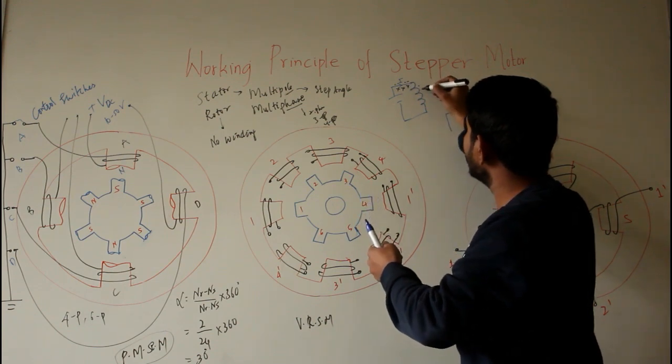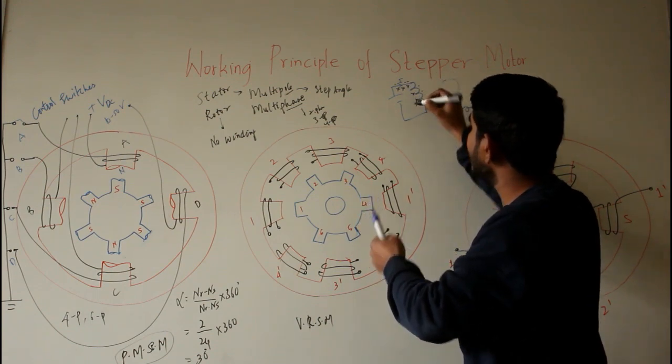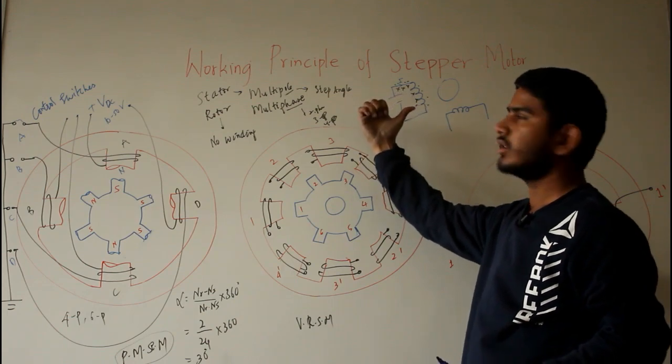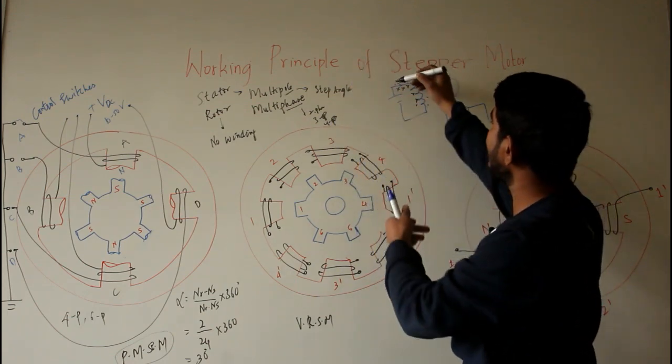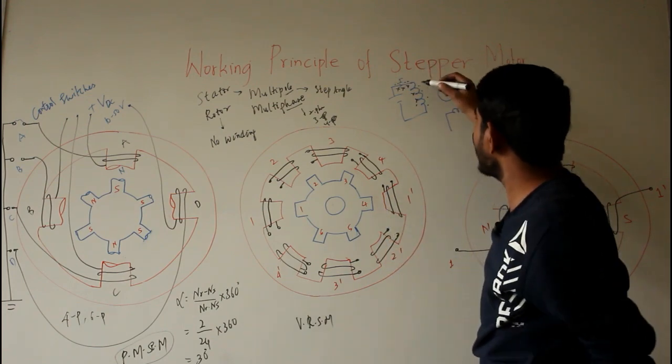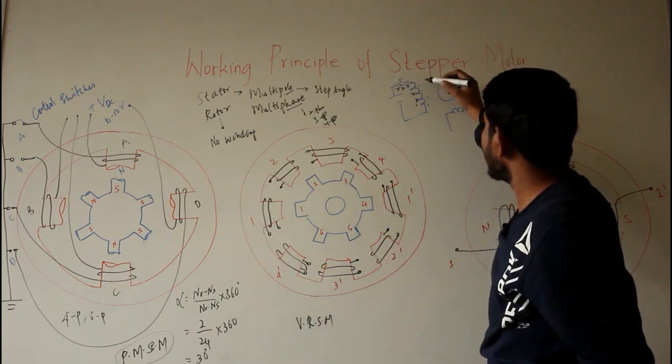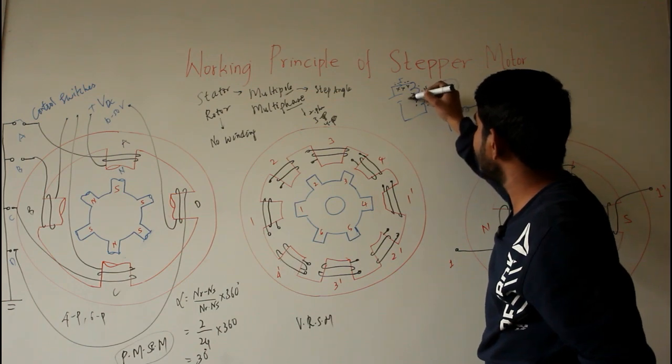Wherever the magnetic field is coming out, it is the north pole, and where it is entering, it is the south pole.